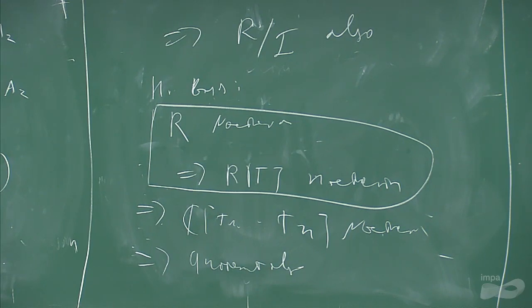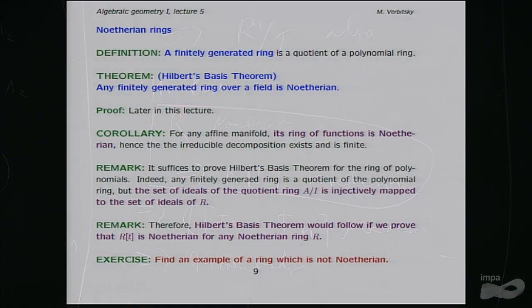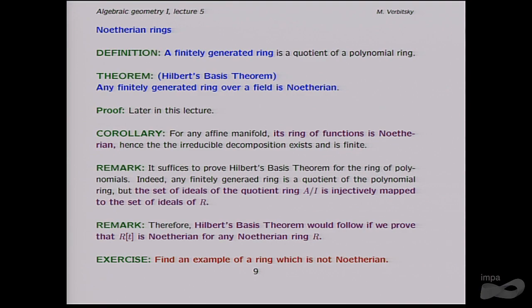Yeah, so this is what is written there. And there is an exercise for an example of a ring which is not Noetherian. It's not trivial, in fact. So do you know any rings which are not Noetherian? Good. You can take infinitely many variables. Another more practical example is the ring of germs of analytic functions. The formal series ring is Noetherian, and of course polynomials are also Noetherian rings.